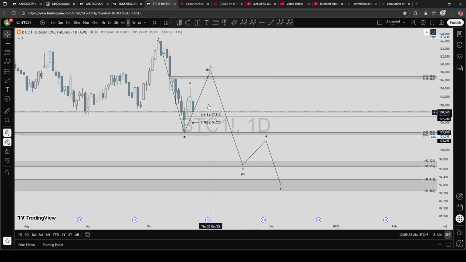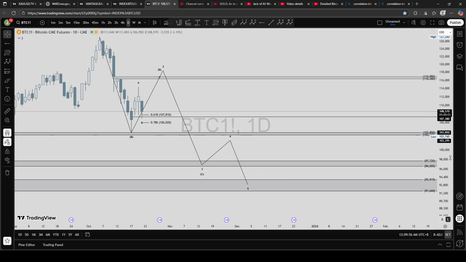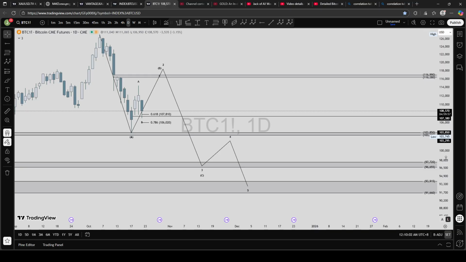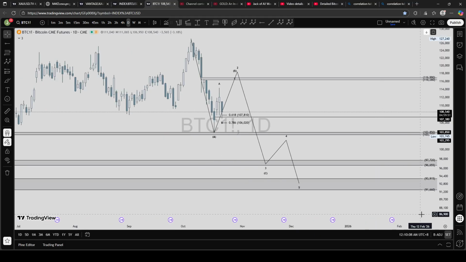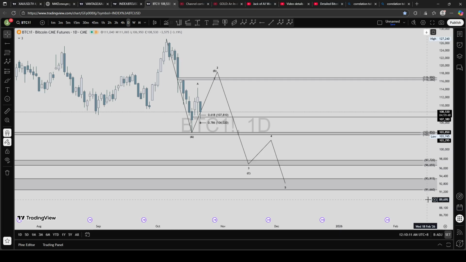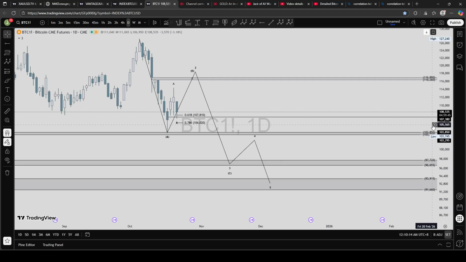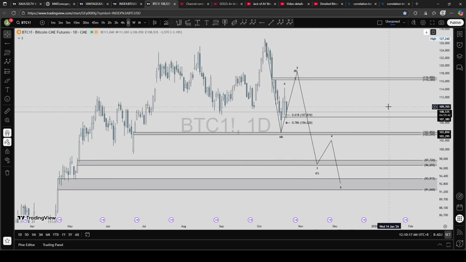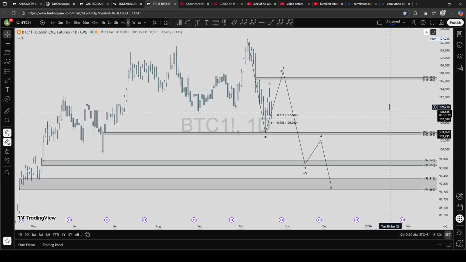If the wave C of the expanded flat is not yet completed, then we have a possible bounce at wave 2, and then it will continue to go down and probably visit the following gaps at 103,305, or the gap at 96 to 97,000, or the worst case scenario, the gap that can be found at 91,660 to 93,915. So that is my analysis of gold and Bitcoin.